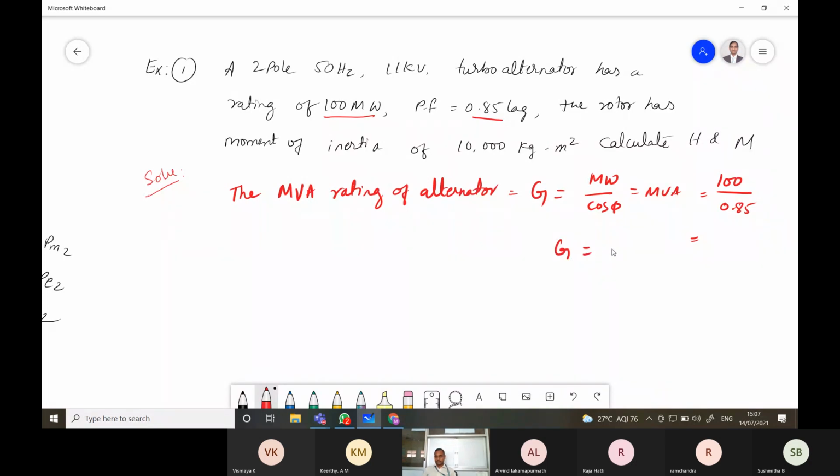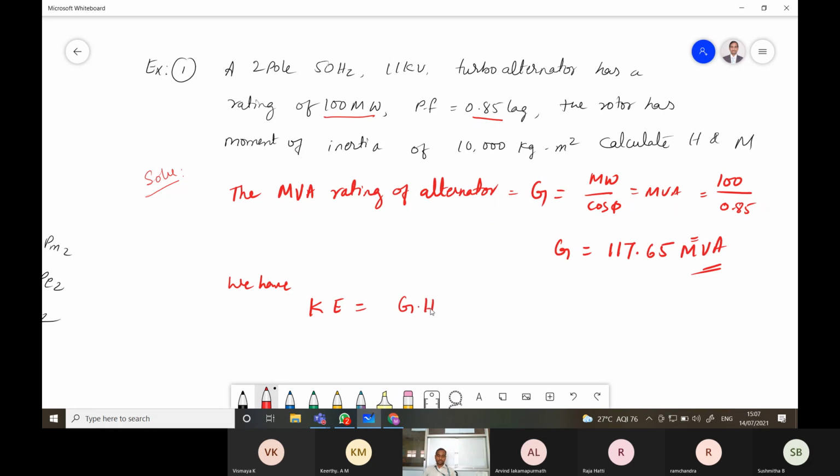How much is it? 117.65 MVA. And we have kinetic energy. What is kinetic energy equal to?